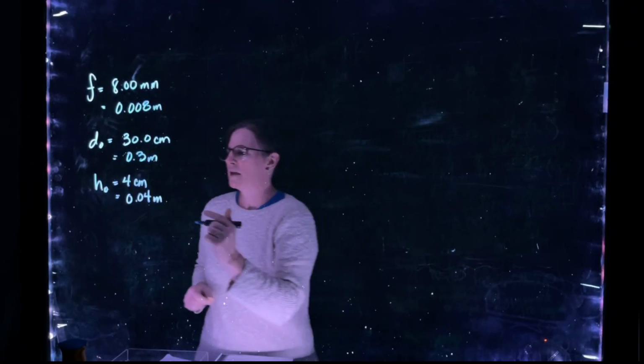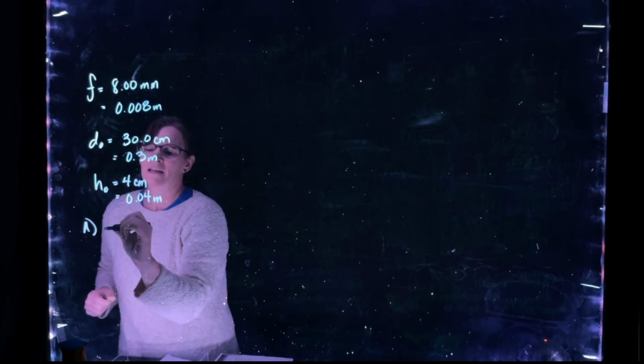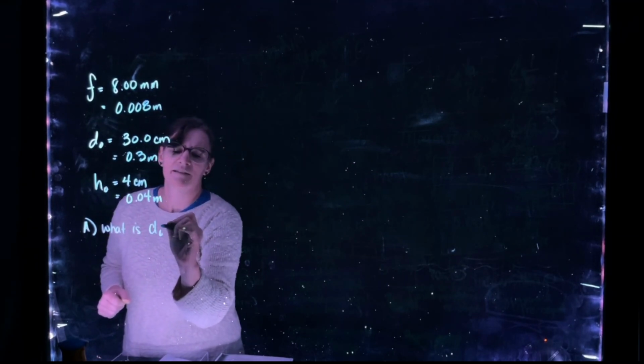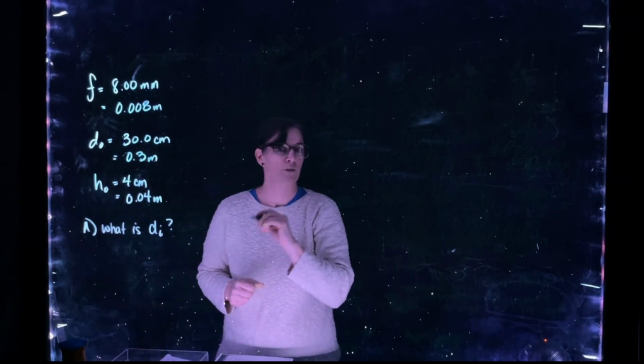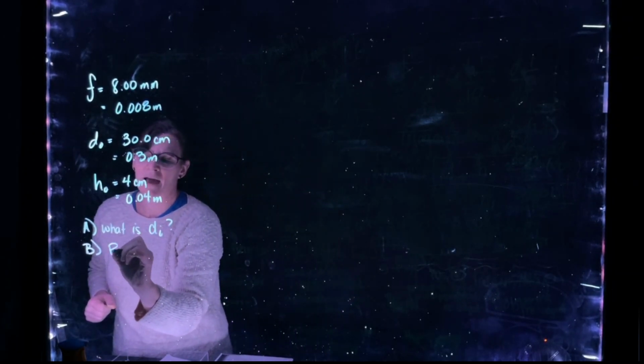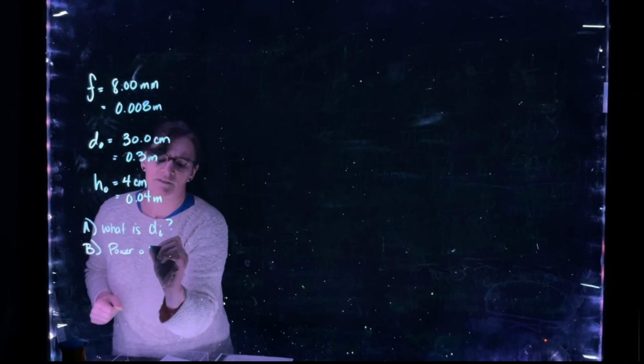Okay, 3 parts. Part 1 is what is the image distance? Where does that film have to be to get a good image? Part 2, what is the power of the lens?